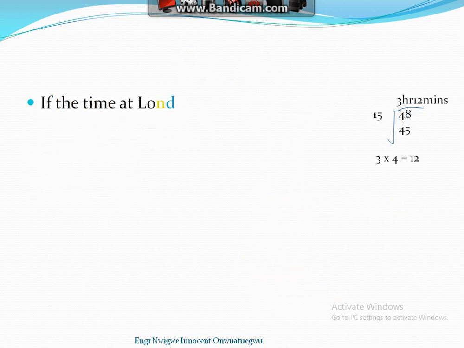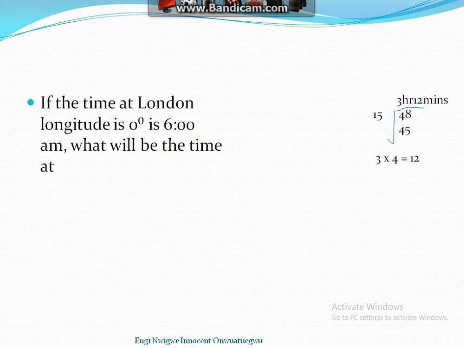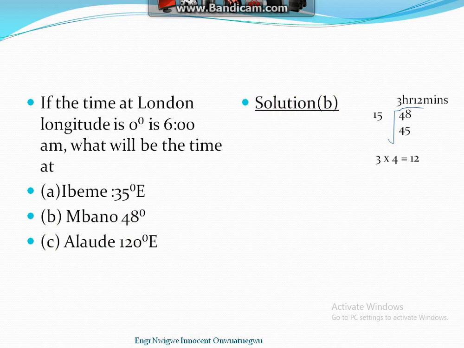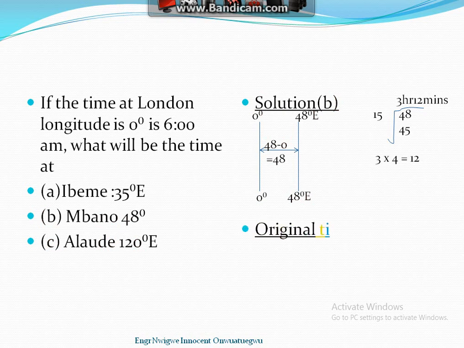To calculate the time at Mbano, from the prime meridian 0 degrees to Mbano, which is 48 degrees east, we divide 48 degrees east by 15, which will give us 3 hours. 3 hours times 15 gives us 45. 48 minus 45 will remain 3. 3 times 4 will give us 12.